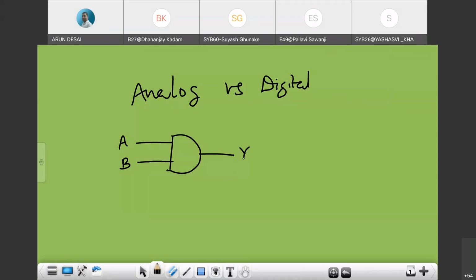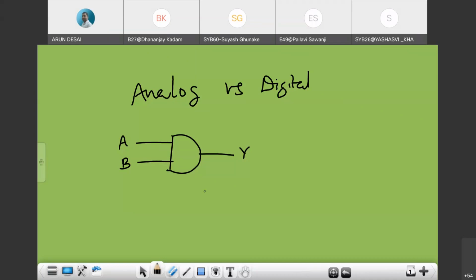Yes, the output: Y equals A and B, or A dot B. In words, if any input is low, then the output is low. Or the other way around, if both the inputs are high, the output is high. Both inputs true, then output is true.